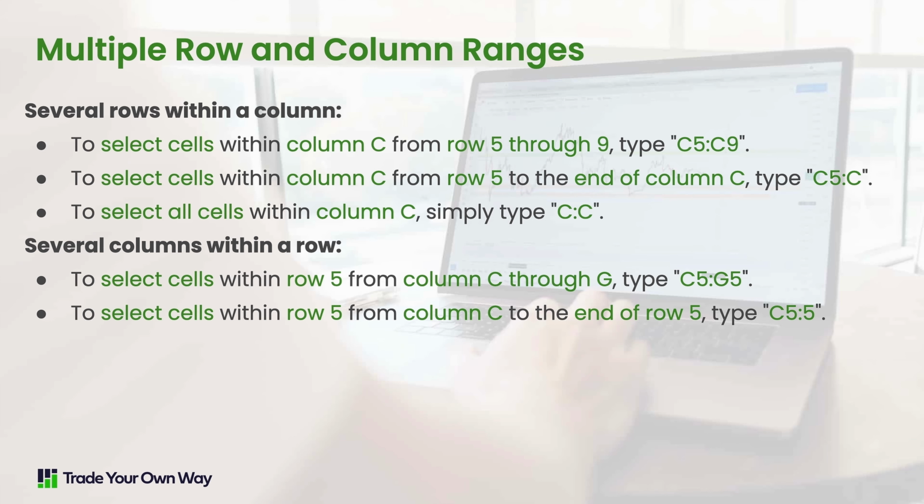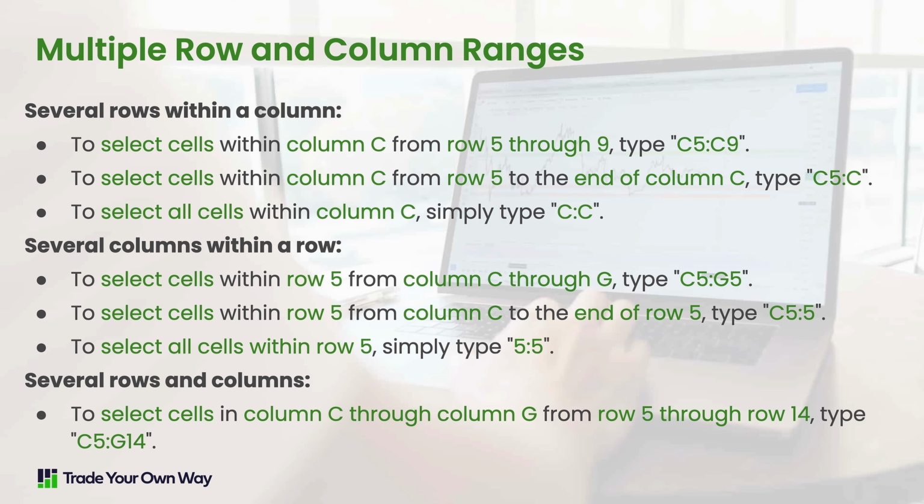To select cells within row 5 from column C to the end of row 5, type C5 to 5. To select all cells within row 5, type 5 to 5. To select cells in column C through column G, from row 5 through row 14, type C5 to G14.